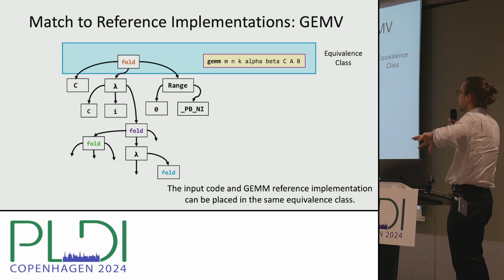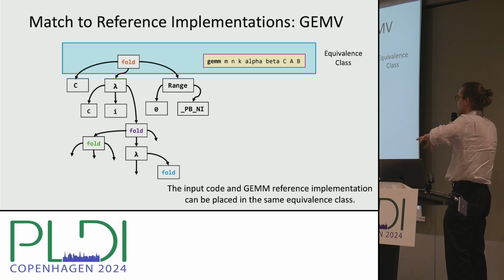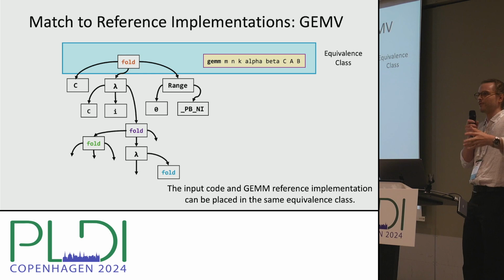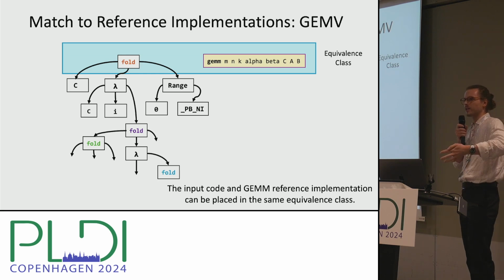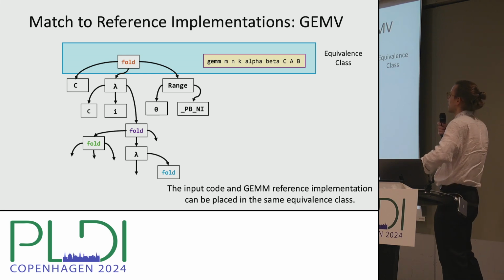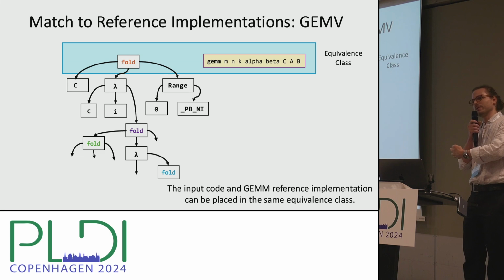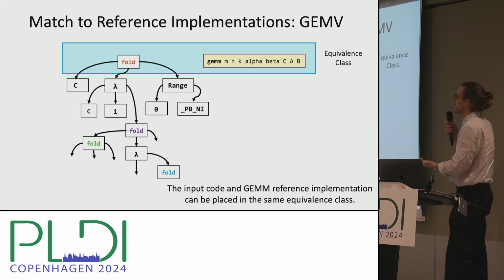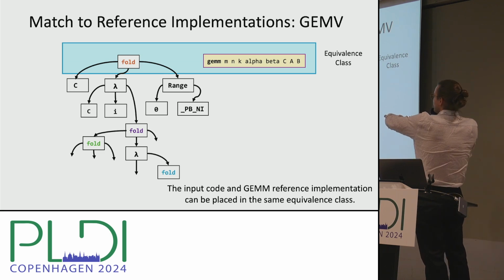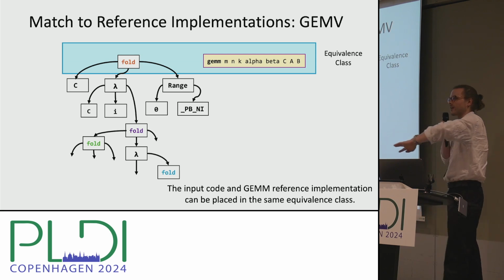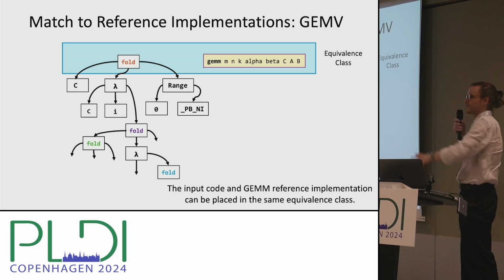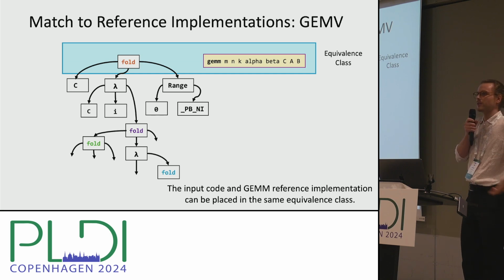And there are lots of cases that can happen when you have overlapping reference implementations. For example, if you have a matrix vector multiplication and you have a matrix matrix multiplication, then you'll have the case where some of your subtrees will actually also be equivalent to matrix vector multiplication and so on.